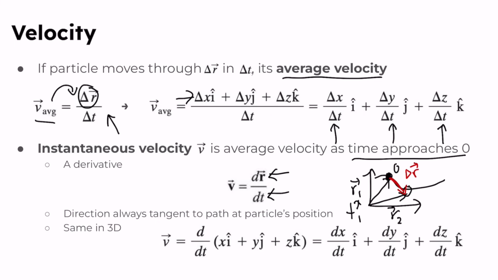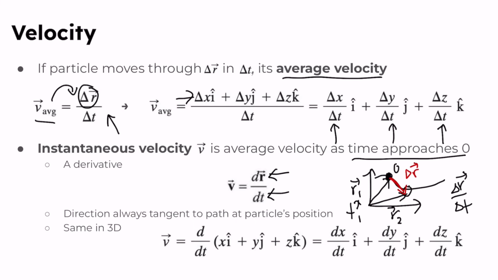When we do that, the position vector r2 will move toward r1 so that delta r shrinks almost to 0. And therefore, the direction of delta r over delta t would approach the direction that is tangent to the particle's path at position 1.